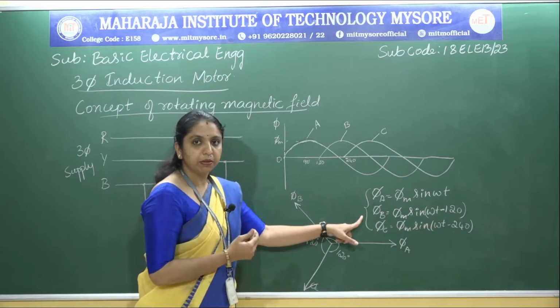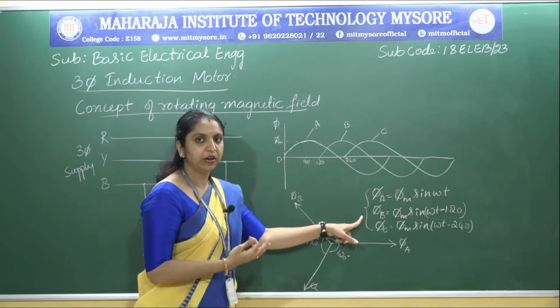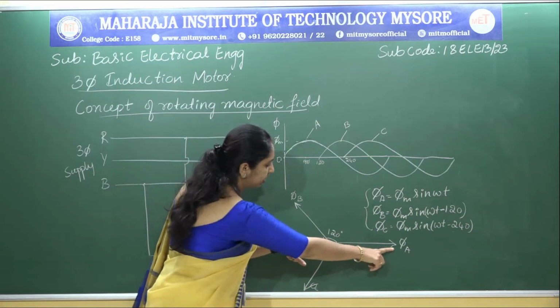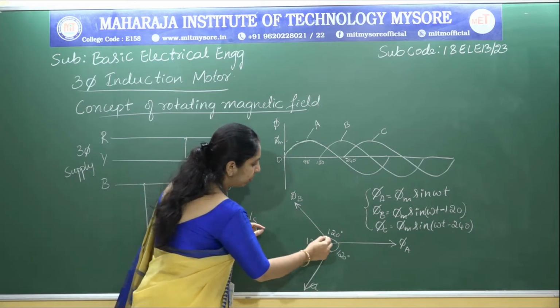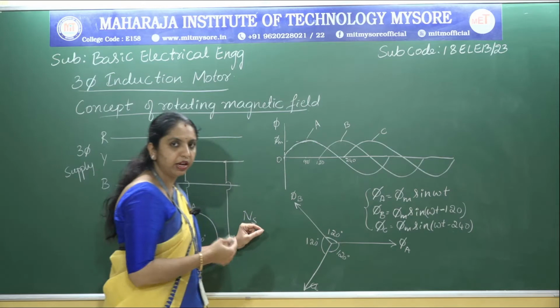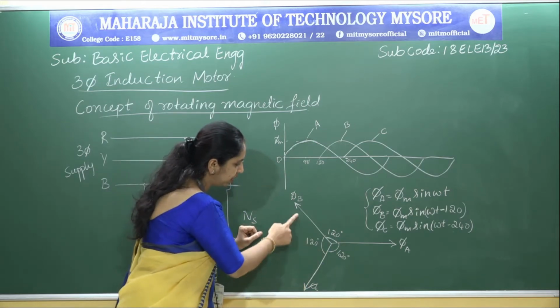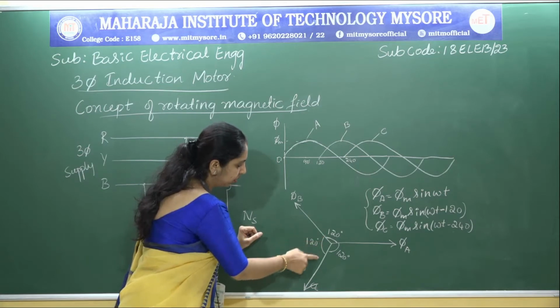These 3 can be represented in the form of vectors: phi A, phi B, and of course we have a 120 degree difference between phi A and phi B, and similarly a 120 degree difference between phi C and phi B, as you can observe here.